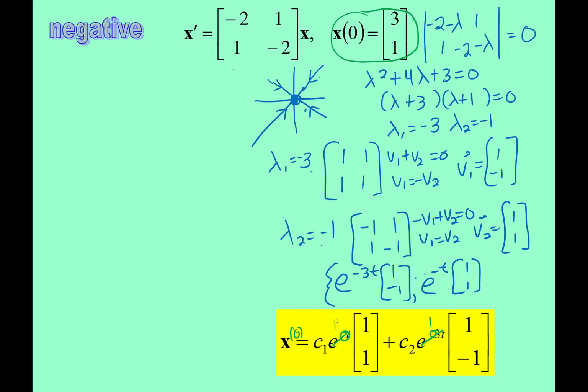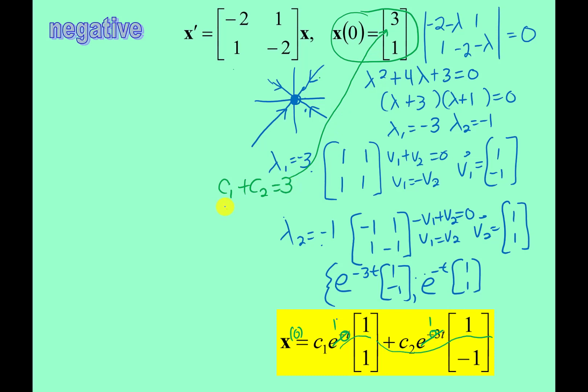So let's write down what we have and what it needs to equal. Let's do the upper components first. I'm going to have C1 plus C2, and that needs to equal whatever my initial value is for the first component, and that's 3.